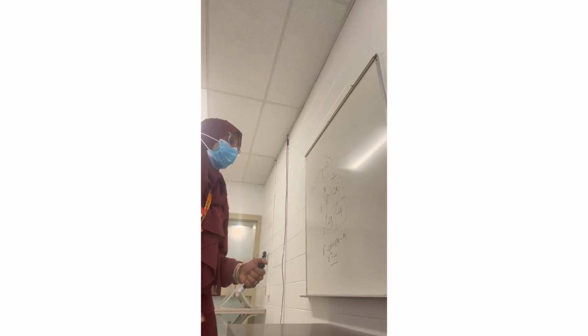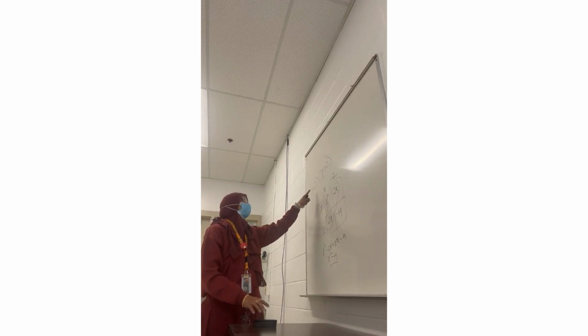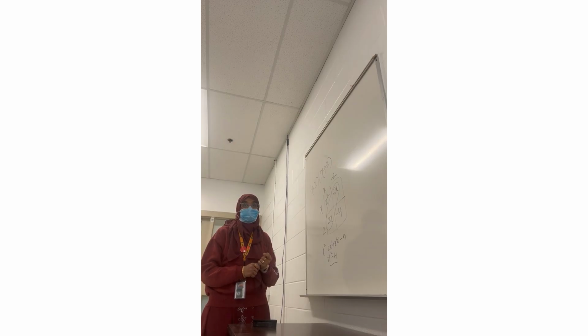Hello everyone, here we are doing the box method, and we have x minus 2 times x plus 2. So what are the values here?